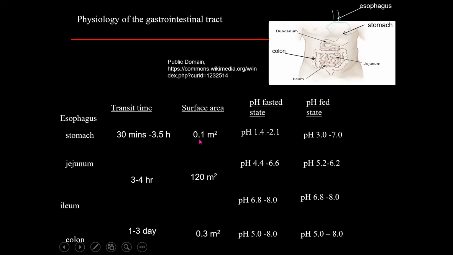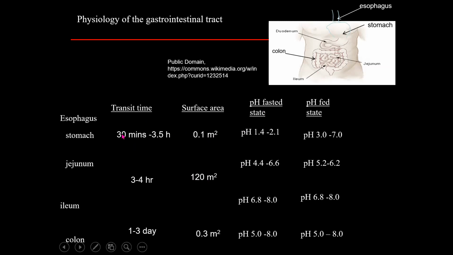The stomach has a very small area for drugs to get absorbed. Whereas in the jejunum, that is your small intestine, the area is very large. So drugs get absorbed mostly in the small intestine rather than in the stomach, because the area is much lower in the stomach.